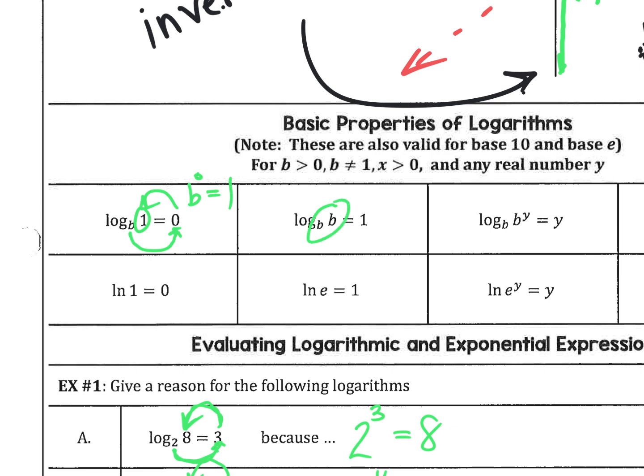We just did that one, didn't we? Log base b of b to the y is y, isn't it? Think about why that is. b to the y power is, sure enough, b to the y power. So I want you to see how this helps you. If we have log base b of b to a power, we can just get rid of the log and the base and keep the power.